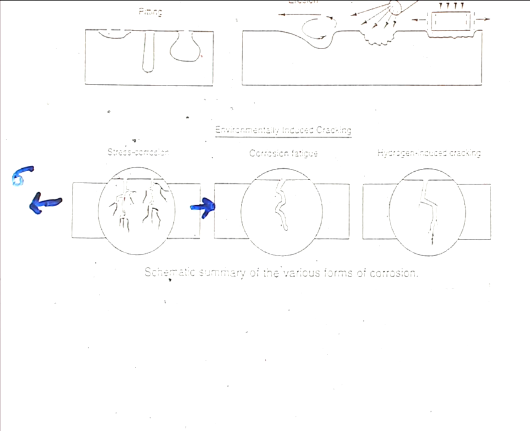And in stress corrosion cracking, there are two possibilities. You can either have a straight crack like this, which is a transgranular crack, often called TG, or you might get a crack that goes along grain boundaries in the material, and that would be called IG, intergranular. And quite often an intergranular crack will be branching.